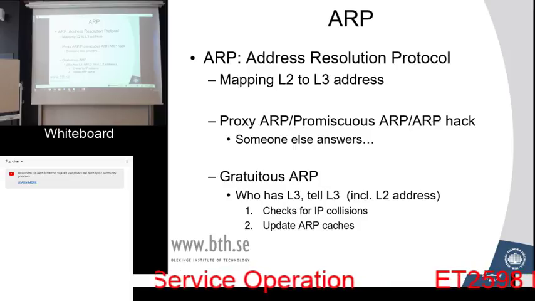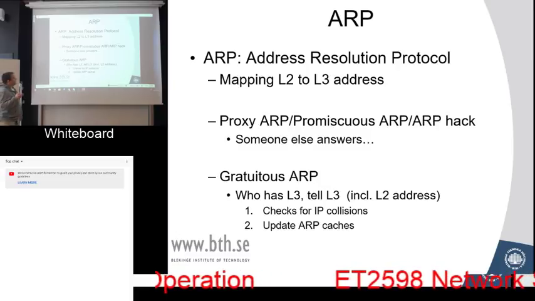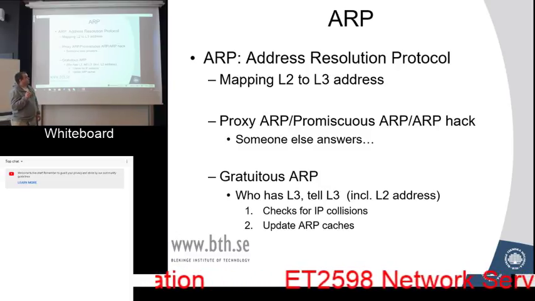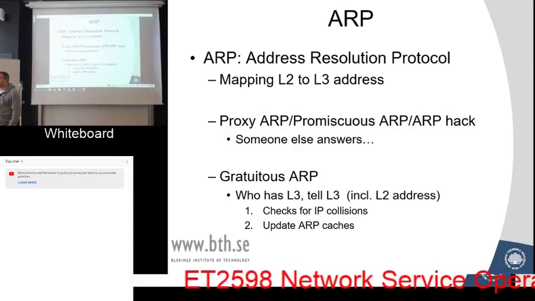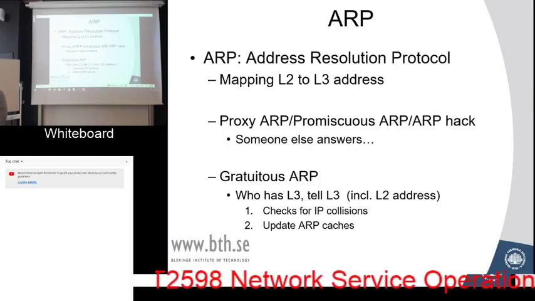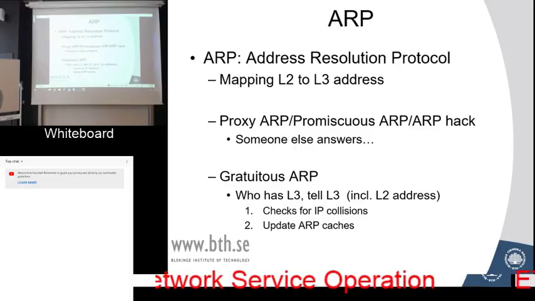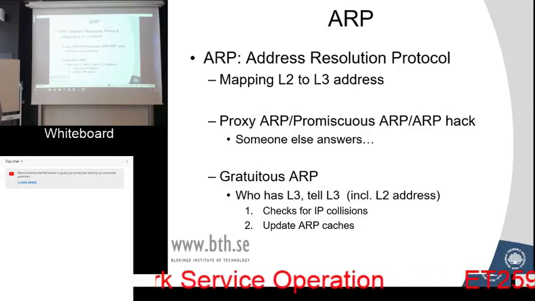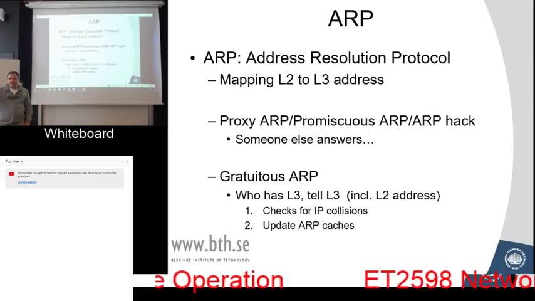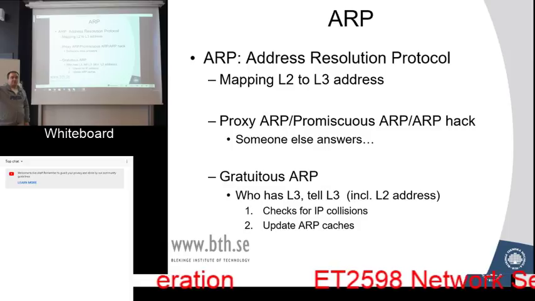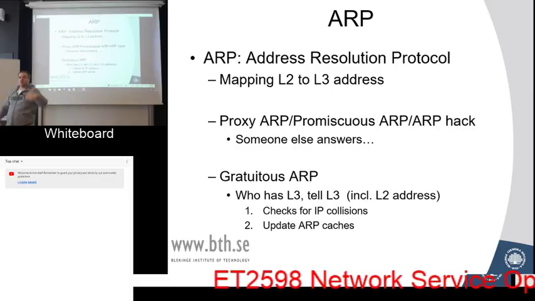Now, there are two versions of ARP that you should be aware of. That's proxy ARP or promiscuous ARP. This is when someone else answers on behalf of the intended recipient, so to say. So for instance, I know that you are on that interface of mine. I receive an ARP request here.